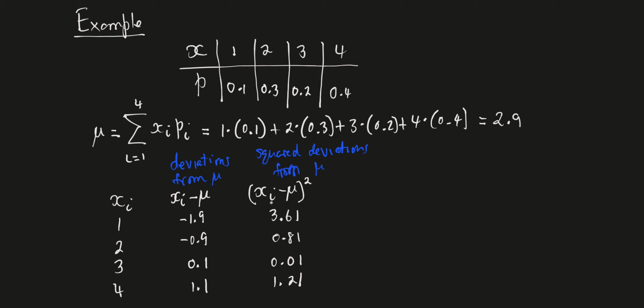So sigma squared, again, let me write the formula. It's each x minus the mean squared times the associated probability, and here the sum goes from i equals 1 to 4. When we add those all up, what we end up getting is 1.090. All right, so that is our variance.